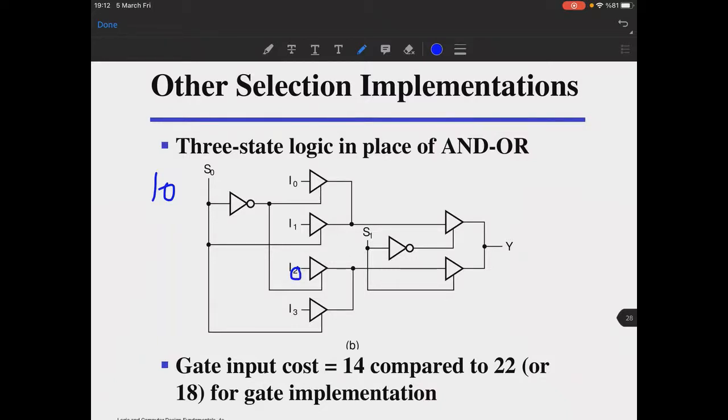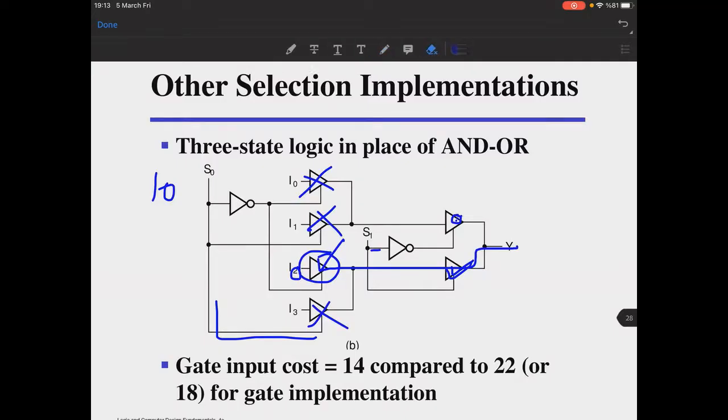If S1 is 1 here, it means that this one will be active and this one will be blocked, right? And if you have 0 here, this one will be active, and if it is 0, this one will be blocked. Since this one is blocked, you don't care about what is happening here. So as you see, this one is traveling perfectly to your output.